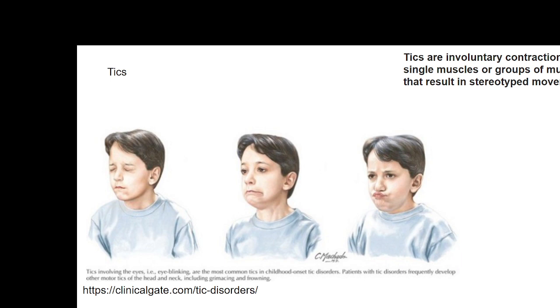Then tics is another clinical sign where the patient may have involuntary contractions of any group of muscles or a single muscle, and the same is repeated. Of course, tics can occur anywhere in the body, but more frequently and easily observed is over the face. It could be like closing of the eyes, lip movements, or so on. It could be in the hands or legs also.